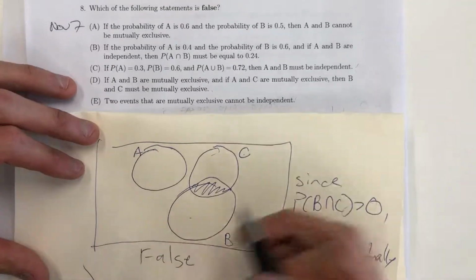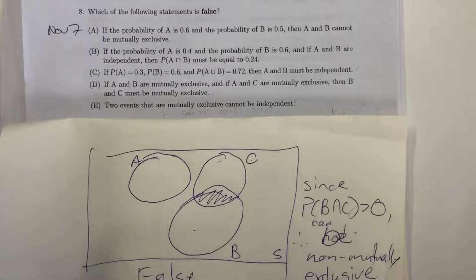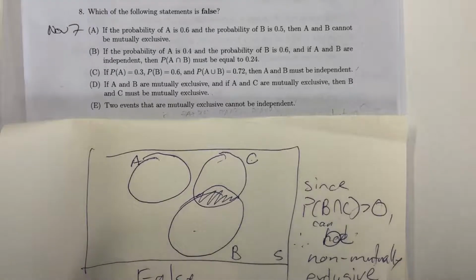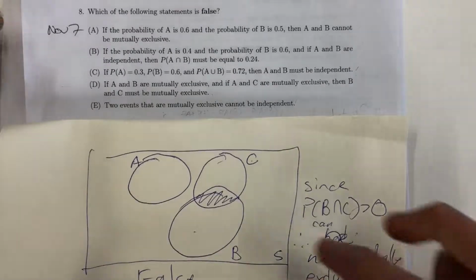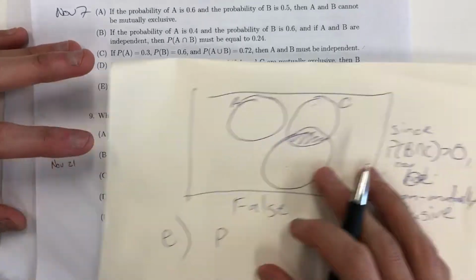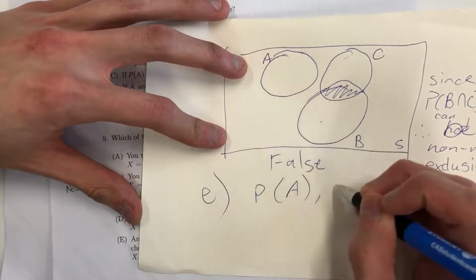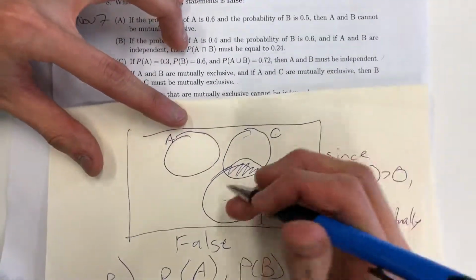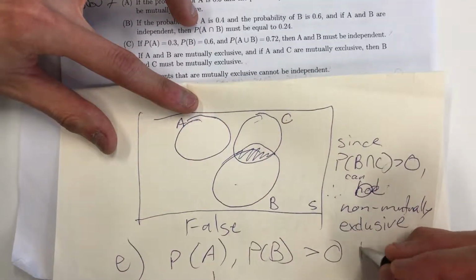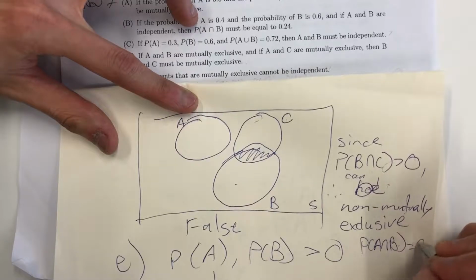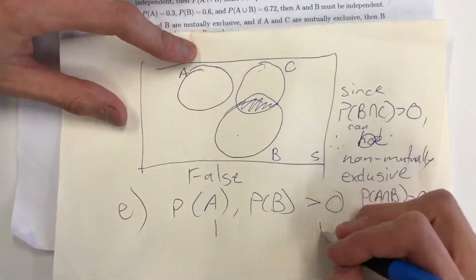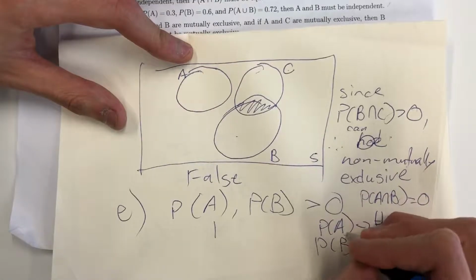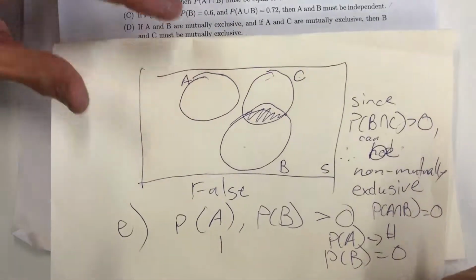Now let's look at letter choice E to make sure it's the only false statement. Two events that are mutually exclusive cannot be independent. Now this is true because if we assume probability of A and probability of B to be greater than 0, and they're mutually exclusive, so their intersection is equal to 0, then we know that P(A) will be some number and P(B) will be equal to 0 or vice versa.